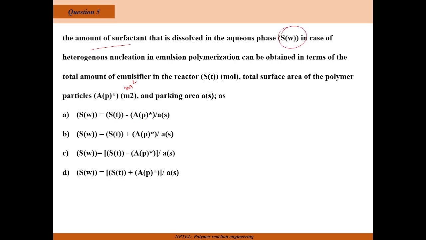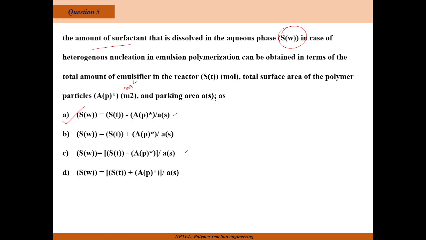I think option A is the one. If we look at the brackets alignment, the first one should be the right answer. Anyway, we have to do the minus.